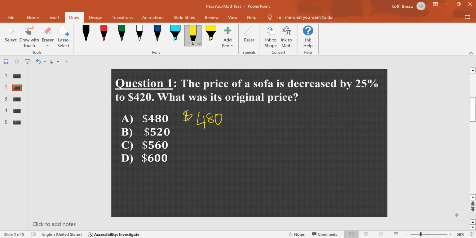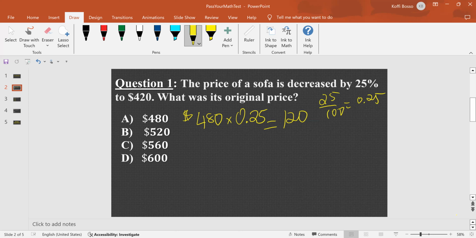If the original price is 480, that means what? If you take a 25% discount, you multiply this by 0.25. 25% means 25 divided by 100, and that gives you 0.25. So you multiply 480 by 0.25 to see how much the discount is, and you get 120.